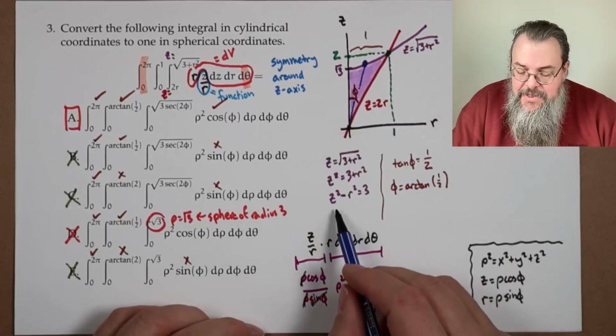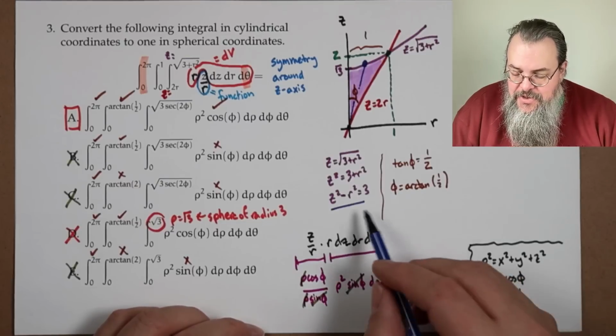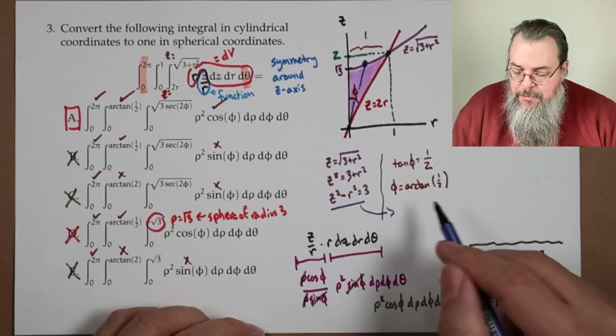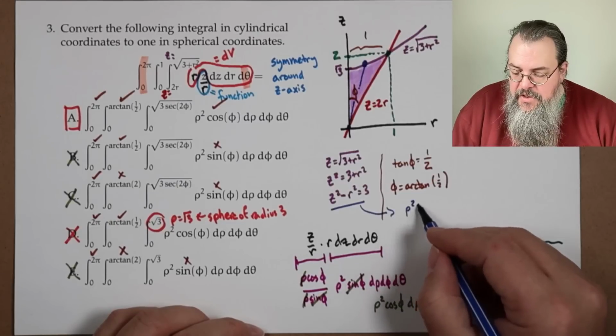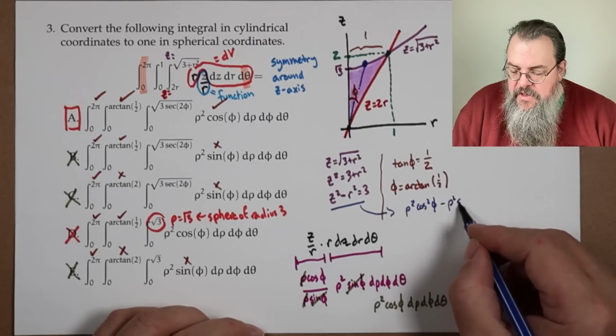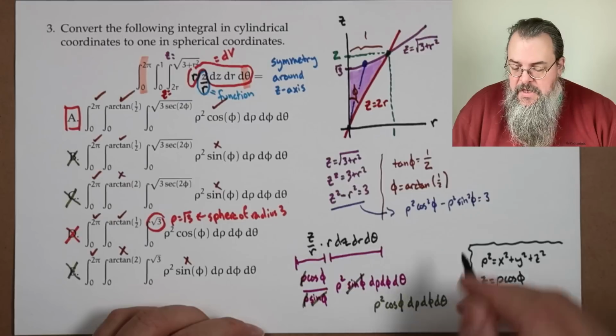Well, we already saw a clue. It's z squared minus r squared equals 3. So what does that become? Again, we come back here. That would be rho squared cosine squared phi minus rho squared sine squared phi equals 3.